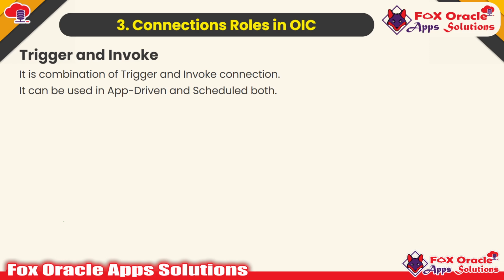We want that single connection to both trigger our integration and invoke that AP invoice REST API. So at that time, we will create the connection as trigger and invoke, so that we can use it as a trigger to the integration and also use it to invoke the REST API of Oracle Fusion. At that time, we will use this kind of role.